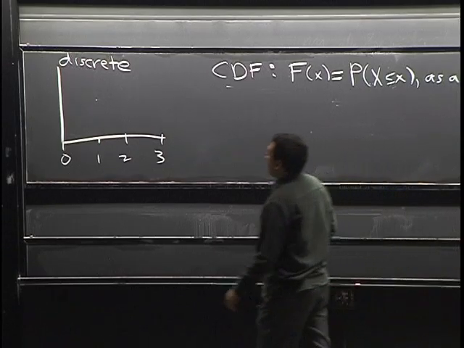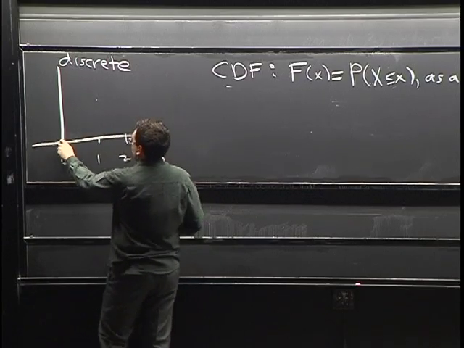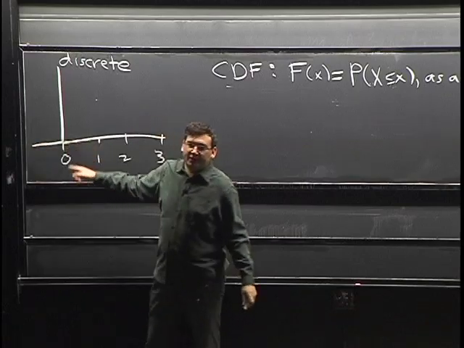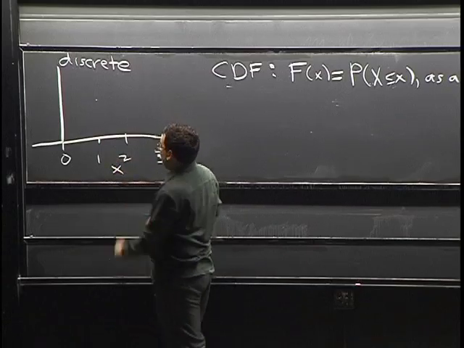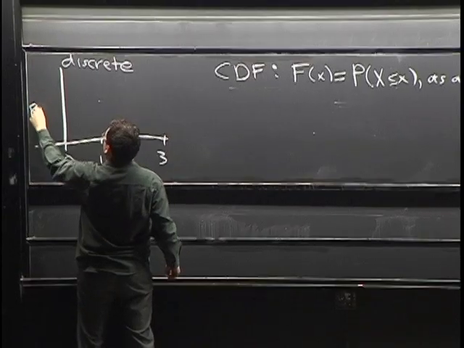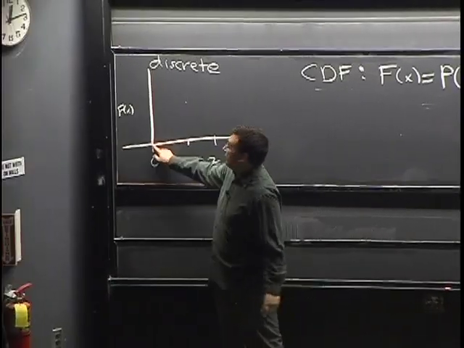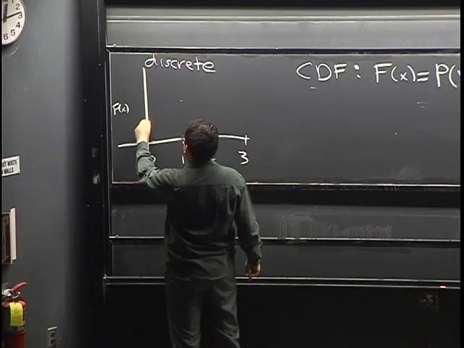So it has 4 possible values. On the negative side, it's just 0 because it can't be negative. The horizontal axis is x and the vertical axis is F of x. And as soon as you hit 0, it jumps. So let's say it jumps to there.